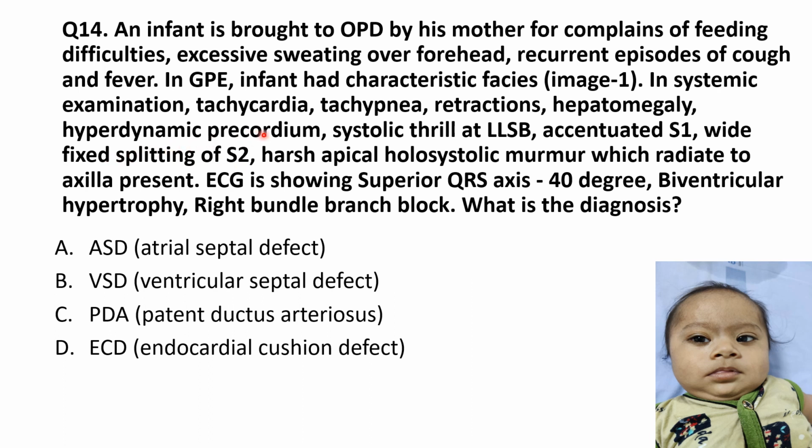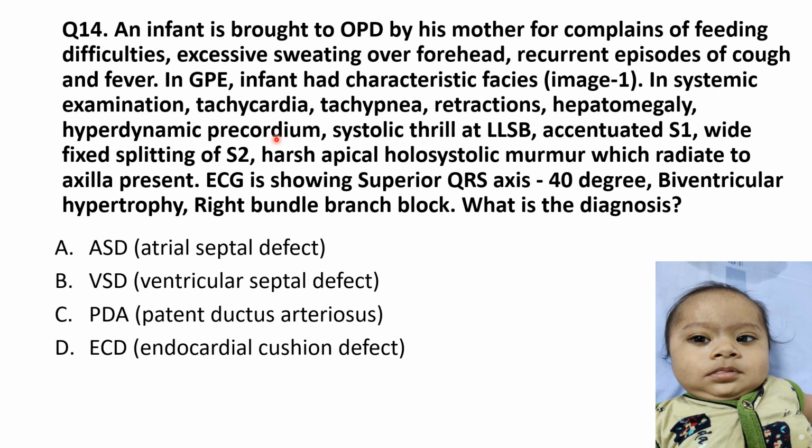Now hyperdynamic precordium is visible whenever there is a volume overload condition. It can be seen in non-cardiac conditions also, or in cardiac ones. In cardiac it can be because of VSD, MR, PDA, or in non-cardiac because of anemia, thyrotoxicosis.